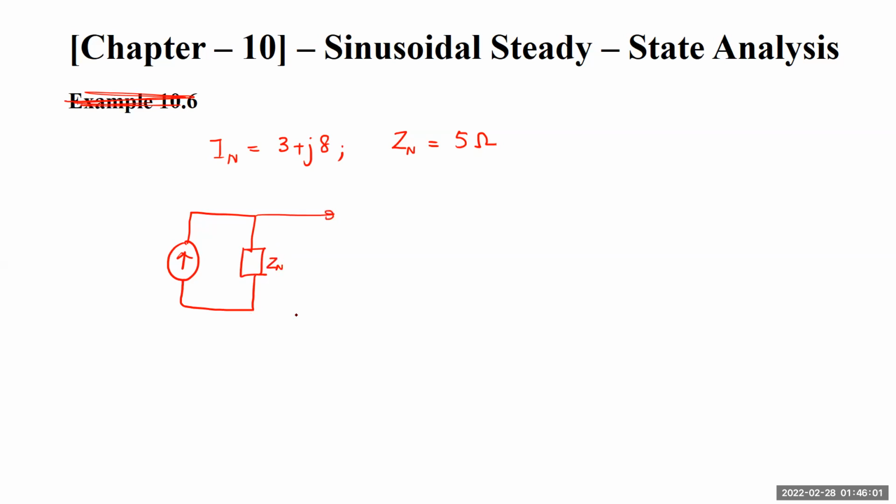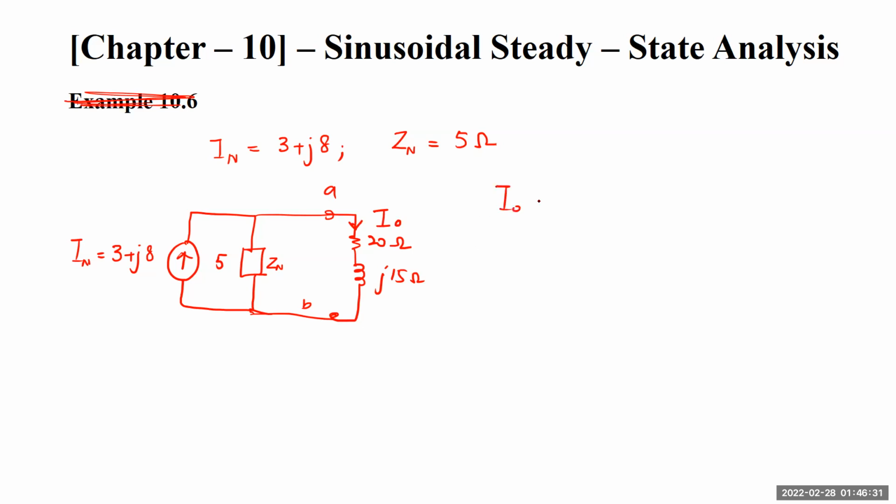This is my A and B branch. This is my A, this is my B, this is my 3 plus j8, and this Z Norton is equal to 5. This is I naught. For the branch AB, we have 20 ohms and a j15 ohms impedance. So we have to find out I naught.